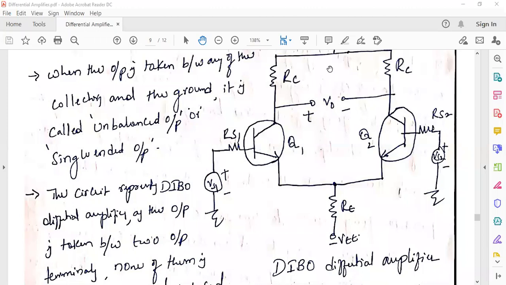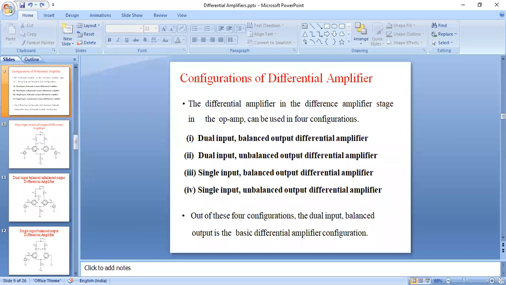If you observe the PPT, these are the basic four configurations of differential amplifier. It's a very important question for short answer questions: what are the configurations of differential amplifier? The differential amplifier used in the input stage of the op amp can be used in four configurations.